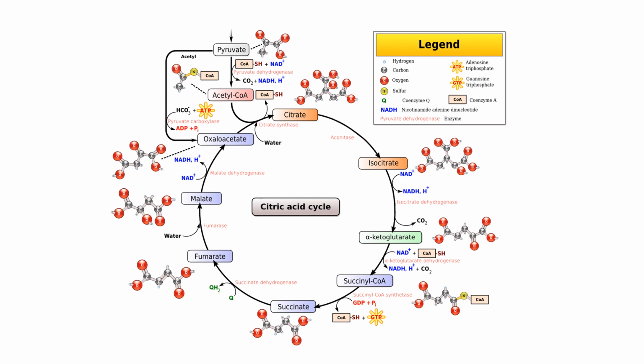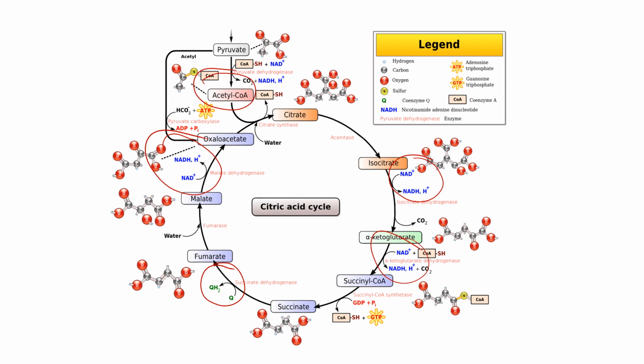So let's look at the big picture of this. What happens with the citric acid or Krebs cycle is acetyl-CoA, which of course came from pyruvate. The citric acid cycle oxidizes acetyl-CoA like crazy, right? We oxidize it 1, 2, 3, 4 times as it goes around the cycle.